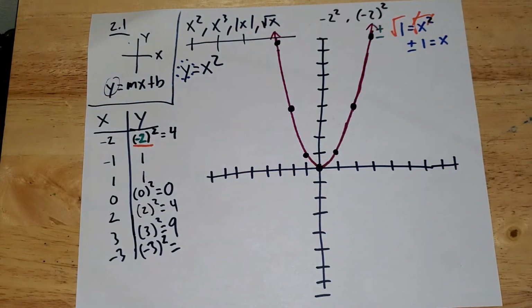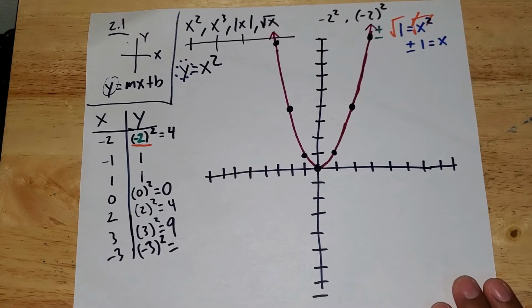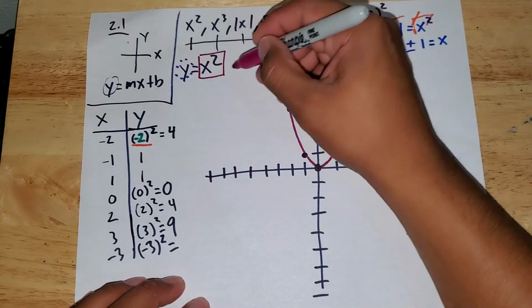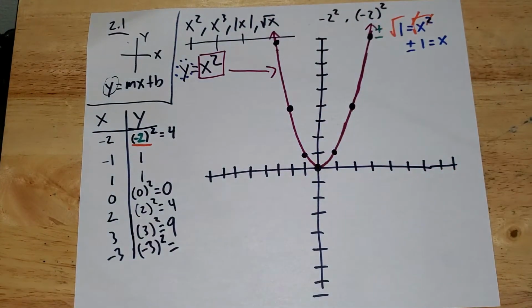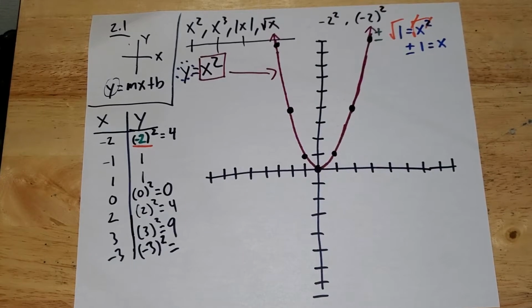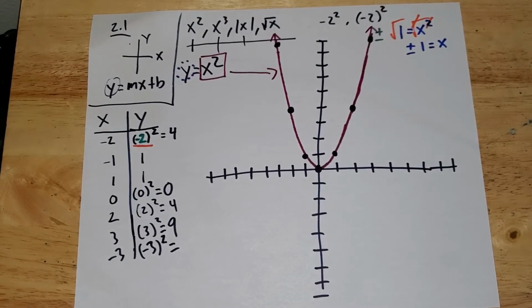And hopefully that pops into your mind. This is a parabola. And that's the graph that the X squared makes. And we call it a quadratic equation. We also call it a parabola because that's the shape of the graph. The equation is a quadratic, which makes it X squared.